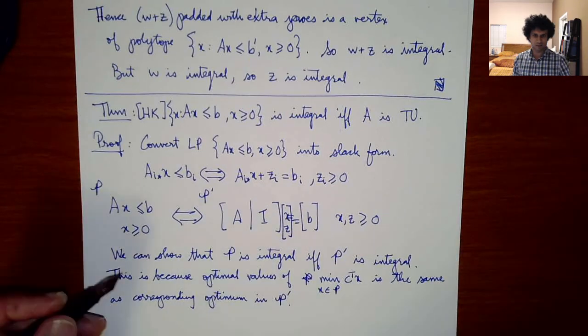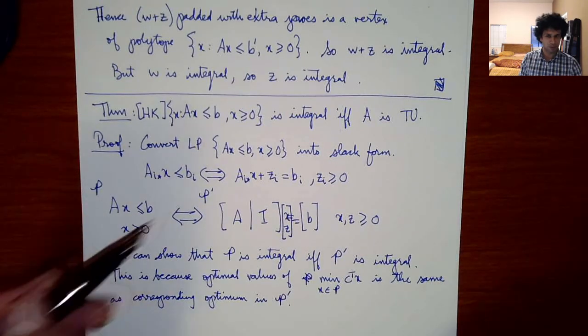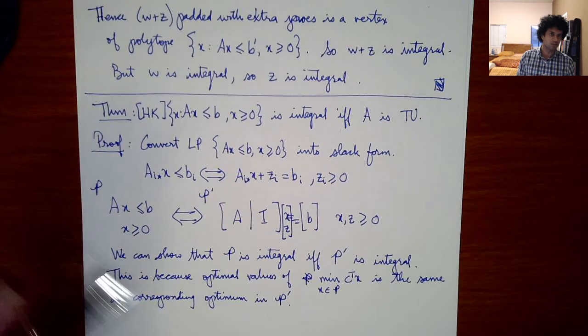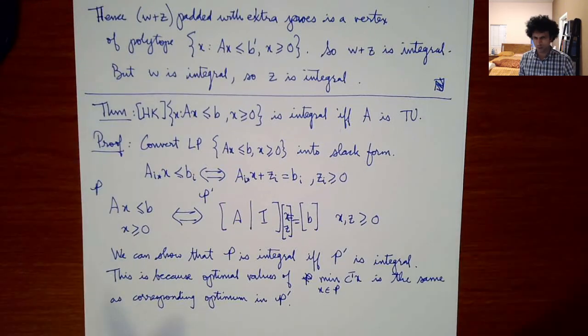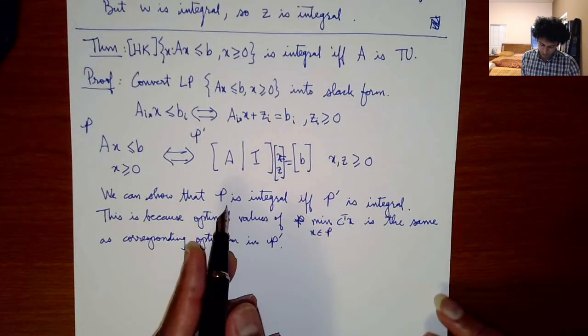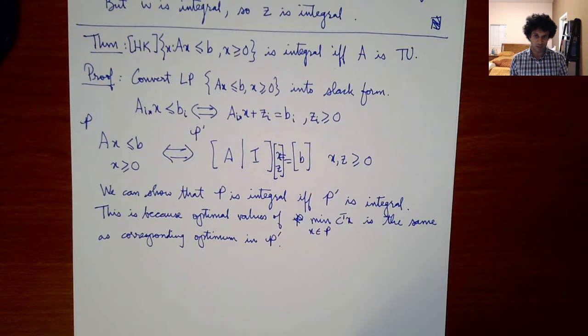There's a very simple transformation between the points in P and P prime, and therefore you can show that vertices in one correspond to vertices in the other. So I'm not going to work that out. So we just say P is integral if and only if P prime is integral.